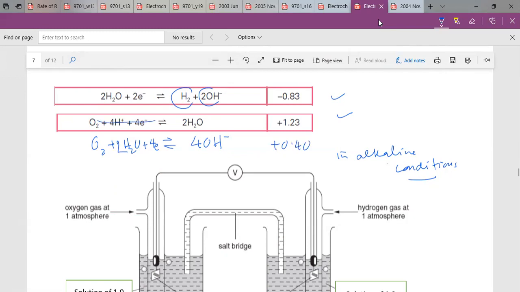So remember these are the two I got: oxygen and hydrogen in alkaline conditions.